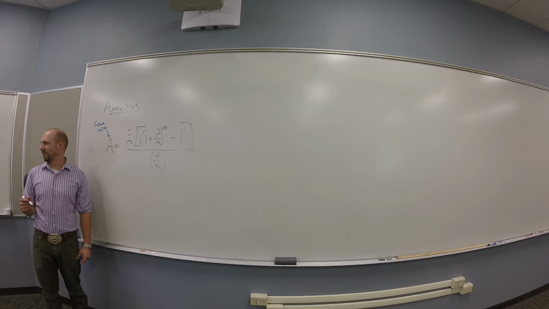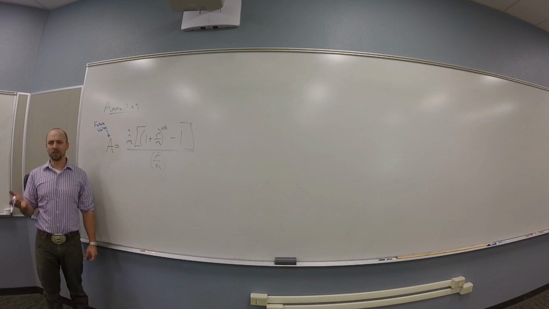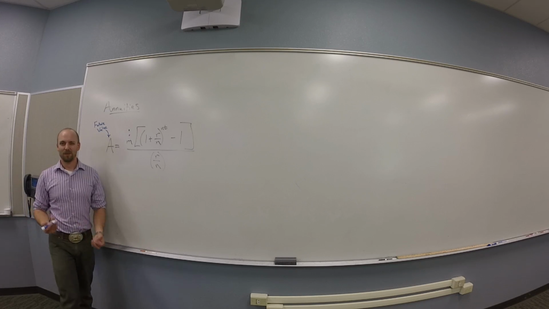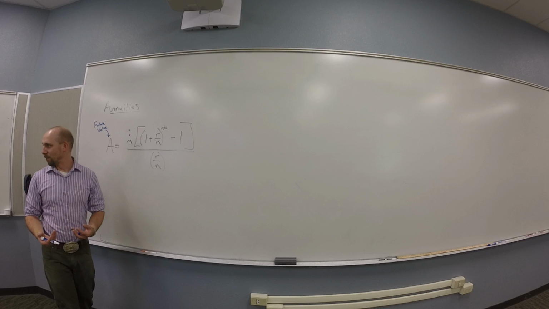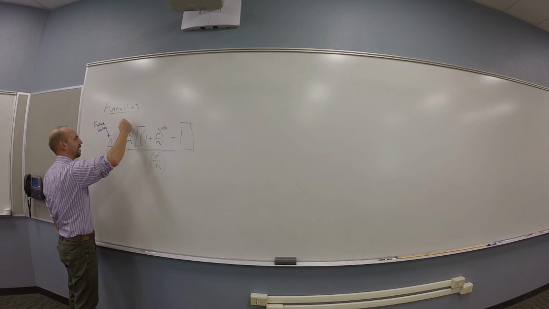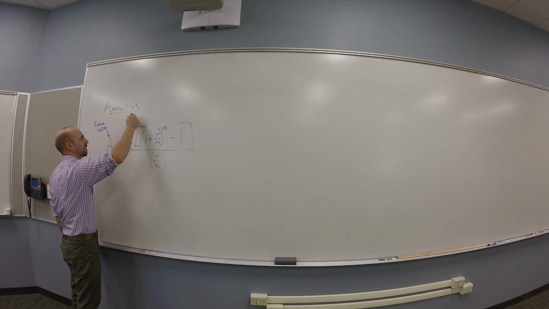Annuities don't really have an initial amount, right? M is how much you're putting in every month. It doesn't have to be monthly, right? So this is your payment amount.